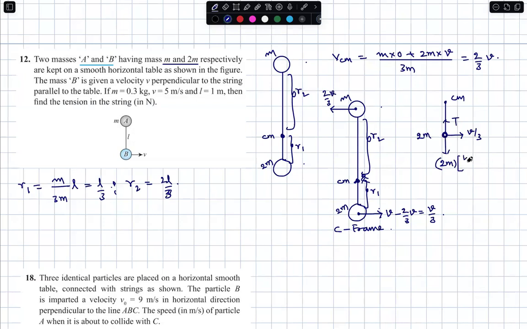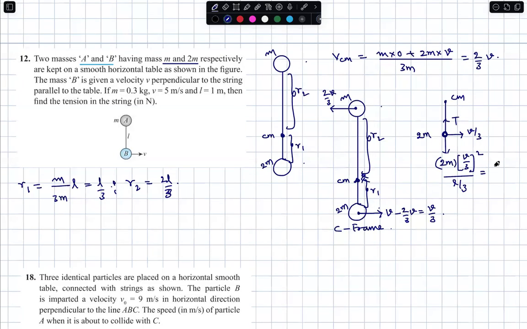The centripetal requirement is mv square by r, and R1 is L by 3. Tension is 2 by 3 mv square by L.